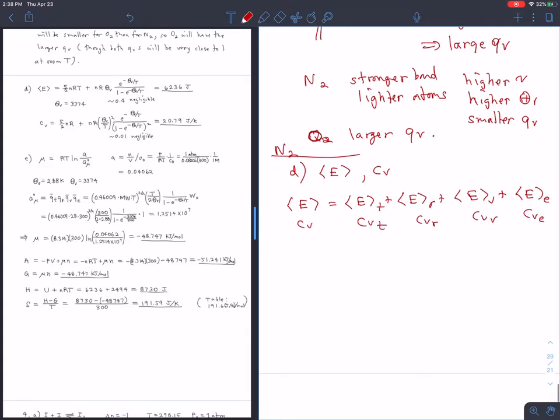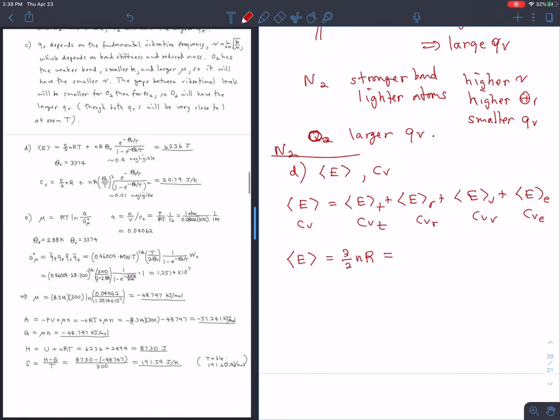And we want to calculate all those independently. So the translational contribution for nitrogen, nitrogen is a linear molecule, and that's all that matters, is going to be 3/2 NR.